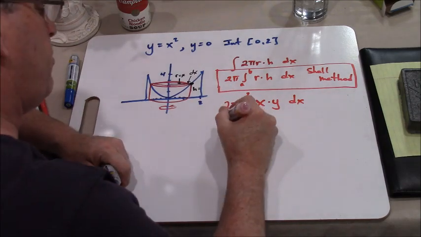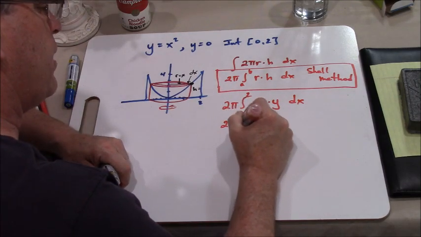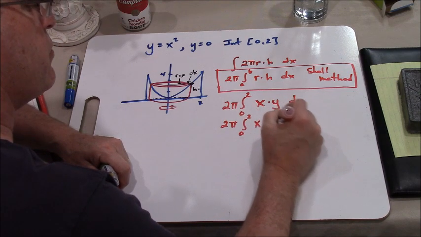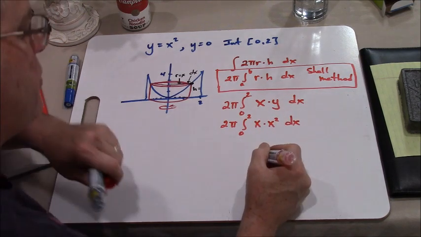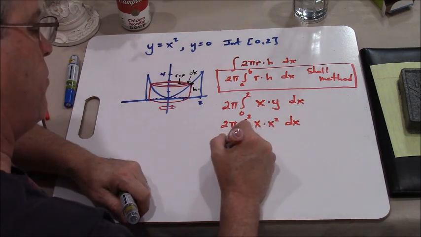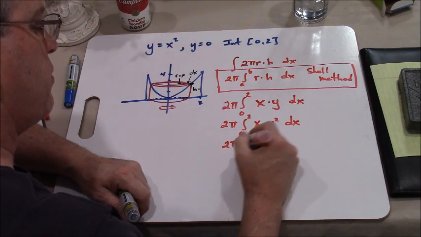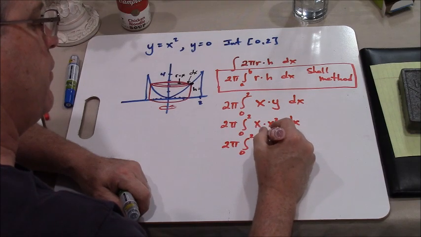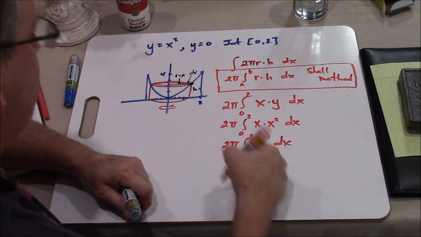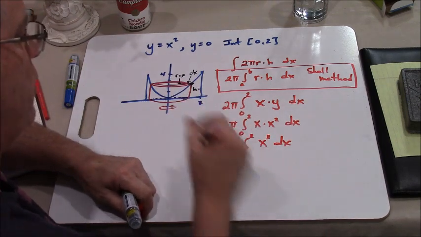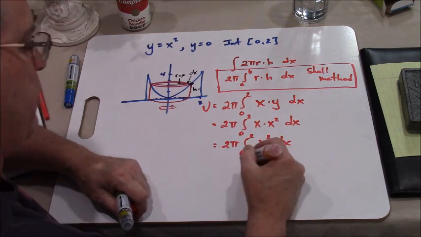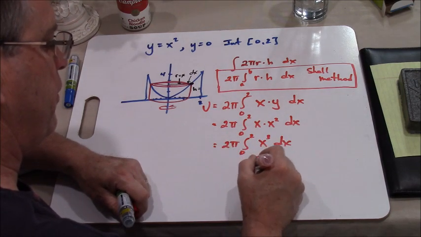And so what I end up with is 2 pi times the integral from 0 to 2 of x times x squared dx. So I guess really we could just call that x to the third power. So 2 pi times the integral from 0 to 2 of x cubed dx. That will give me the volume of that solid. So what is that? That's x to the fourth over 4.